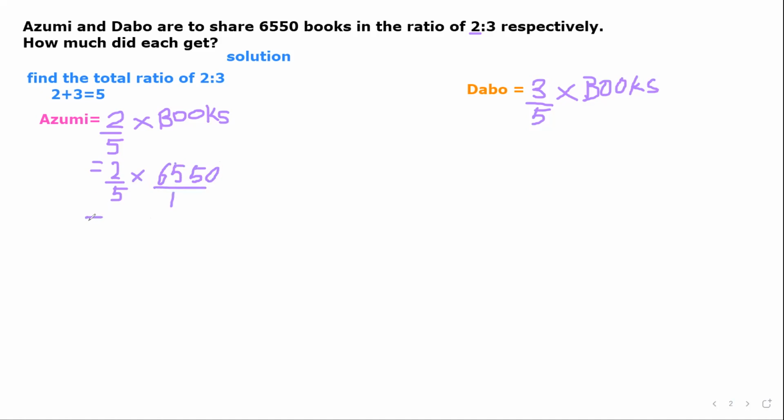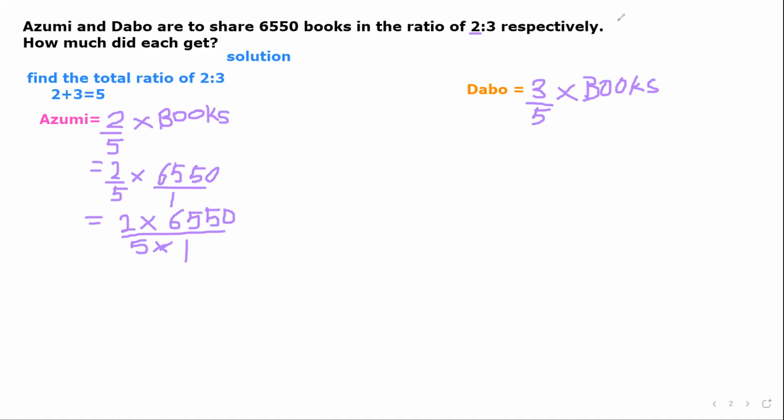Then multiplication means what? Multiply the numerators first, which is 2 times 6,550, all over 5. The denominator is also 5 times 1. Okay, good.